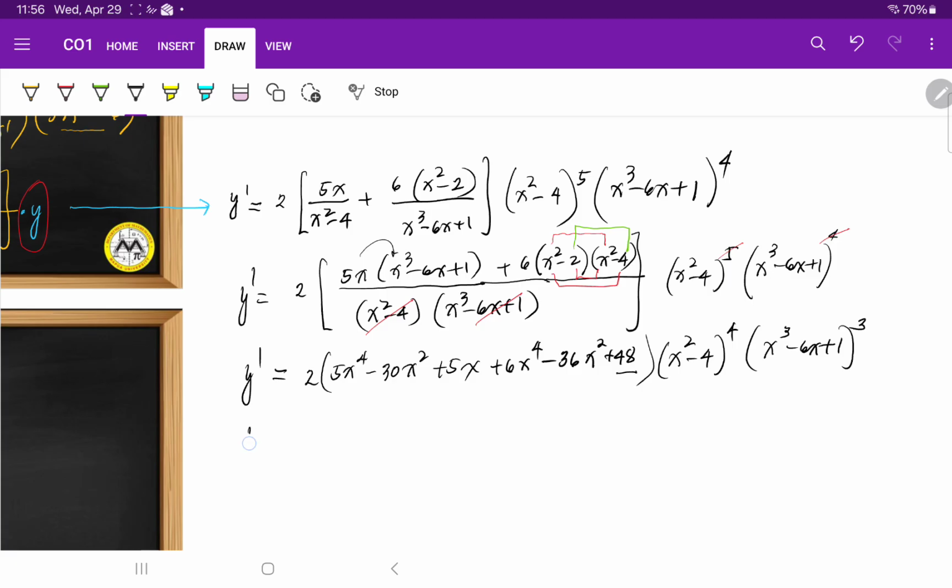So then the next is for us to combine similar terms. So we have 2 times 5x to the fourth, which is similar to this one.